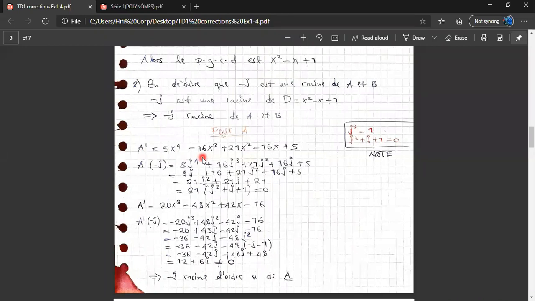Negative 16 x to the power 3. Now when you come to the second equation, it is positive. Why is it positive? We're using negative j. The exponent is an odd number, so when this j becomes negative j, it will be negative j times negative 16. It will give us positive 16j.